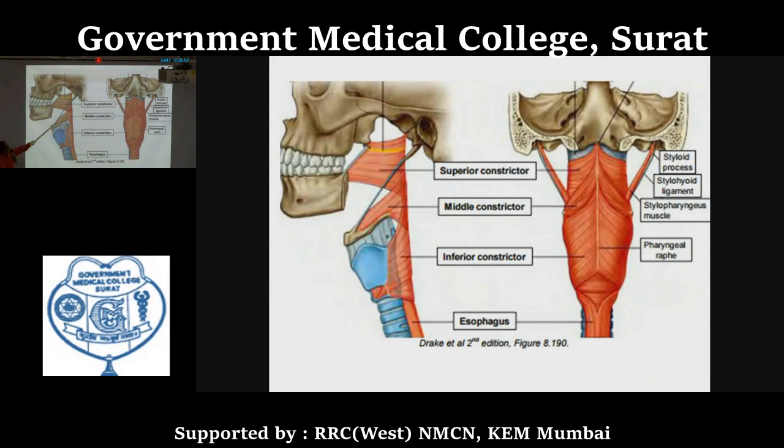Now this one is the middle constrictor muscle. It arises from the lower part of the stylohyoid ligament. The ligament extends from the styloid process to the inferior horn of the hyoid bone. That is the stylohyoid ligament.